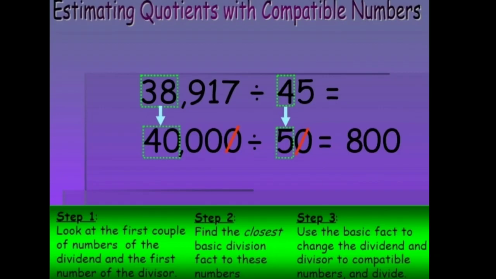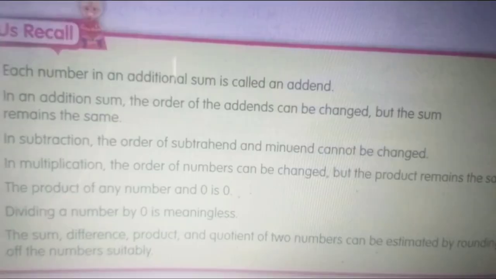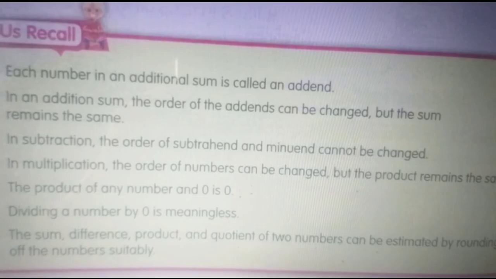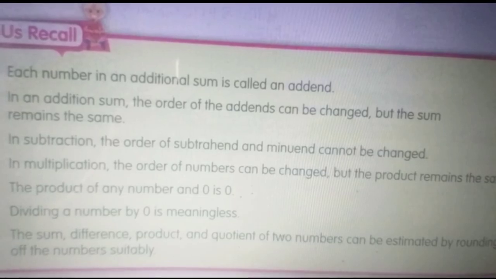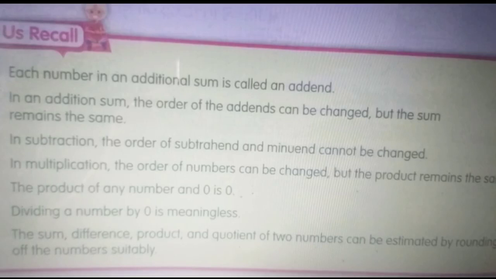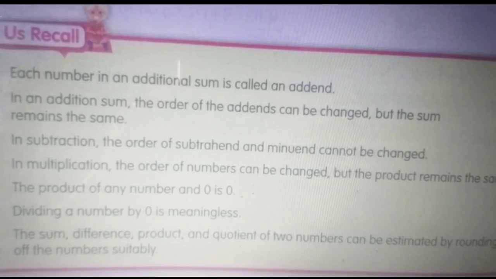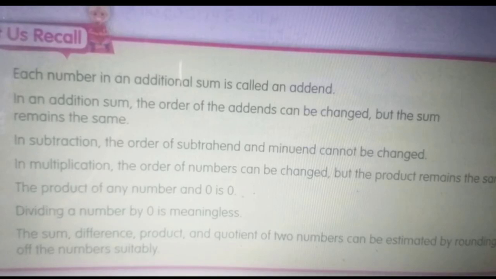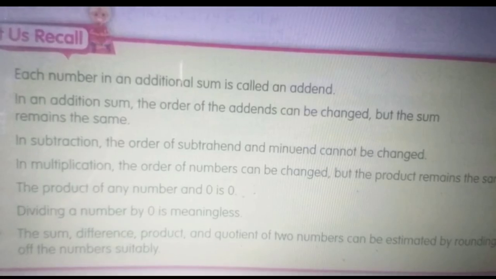Okay, so with this our chapter is finished. Now let us recall what we have studied. First, each number in an addition sum is called an addend. Second, in an addition sum, the order of the addends can be changed, but the sum remains the same. Third, in subtraction, the order of subtrahend and minuend cannot be changed.